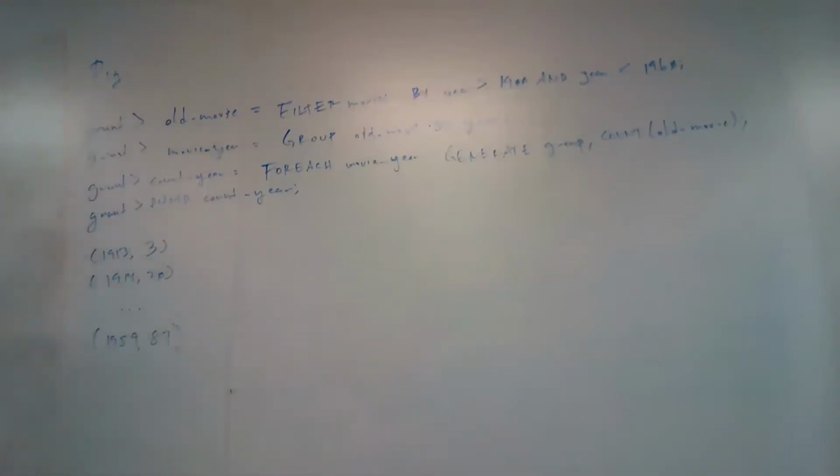And all of this would be run, each command would be compiled and run as a MapReduce job. And presumably would run much more quickly than it would on a typical SQL database. Okay.